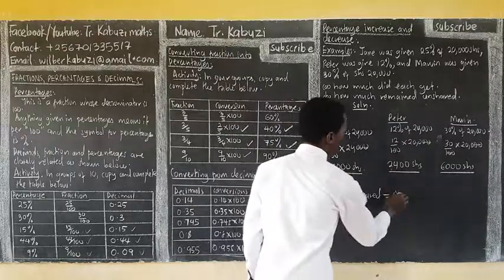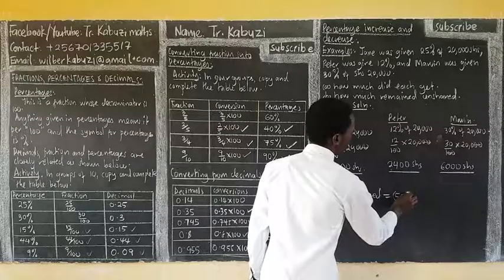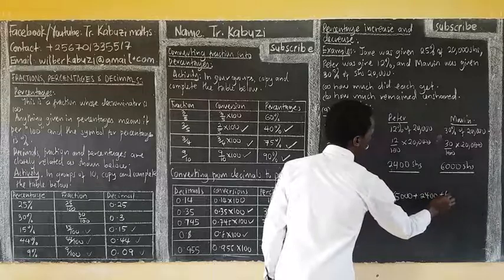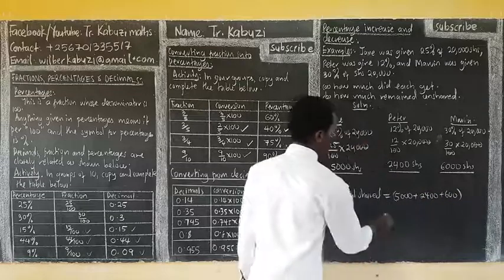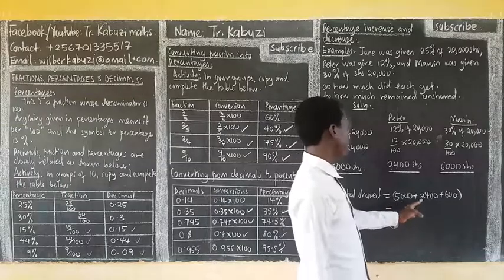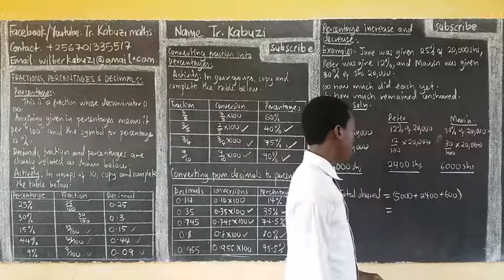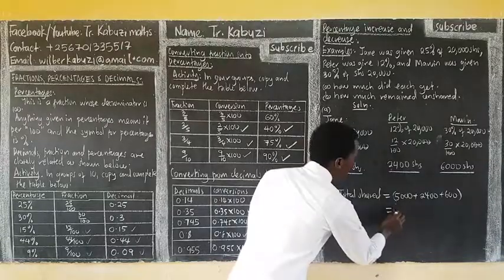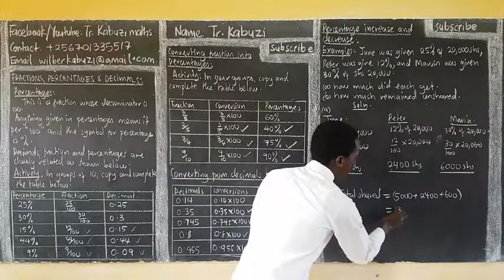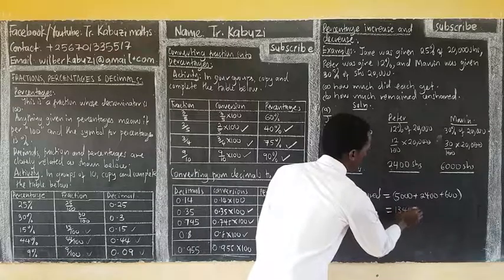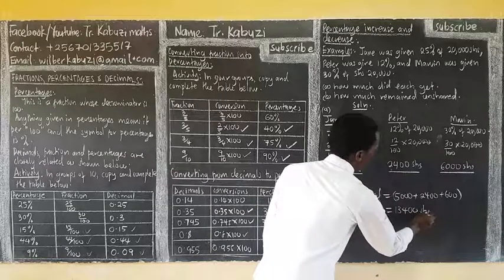So we have 5,000 plus 2,400, this one will give us 7,400, plus 6,000 we shall get 13,400. So this is the amount that they all share.